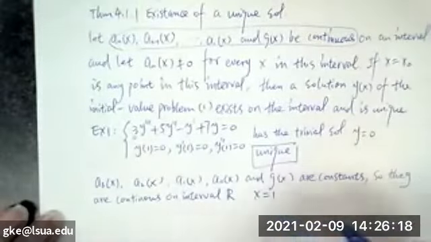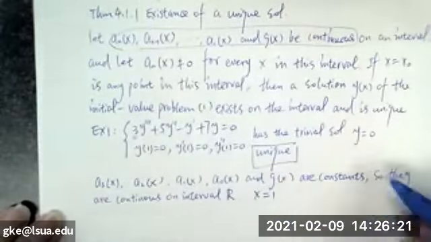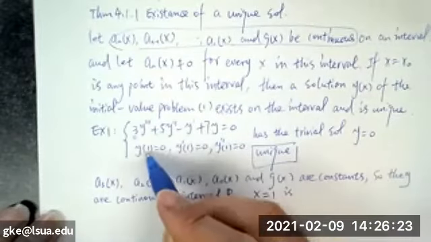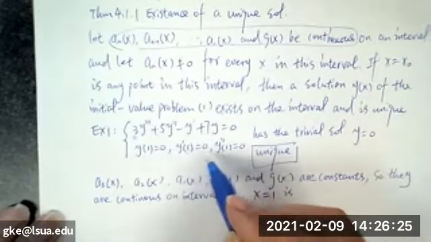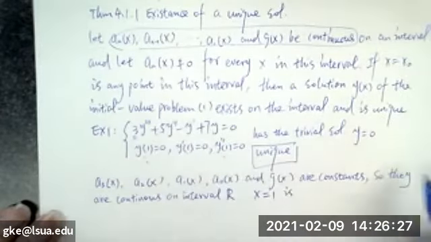Then x equals 1 is the initial condition, right? Here x equals x0, and x0 is the initial condition, x equals 1.